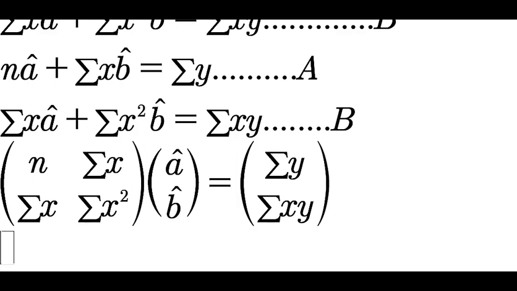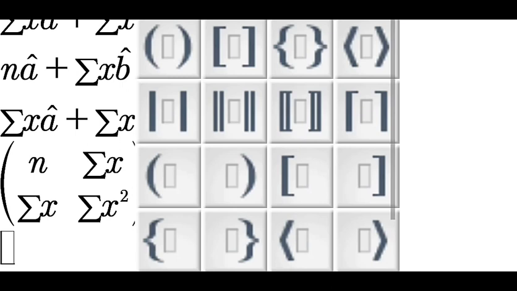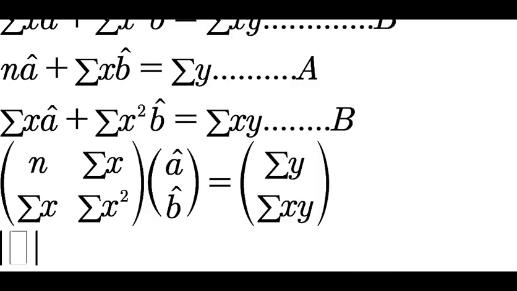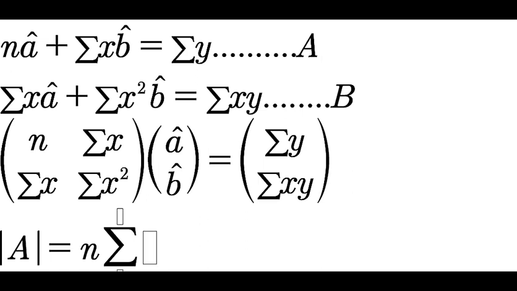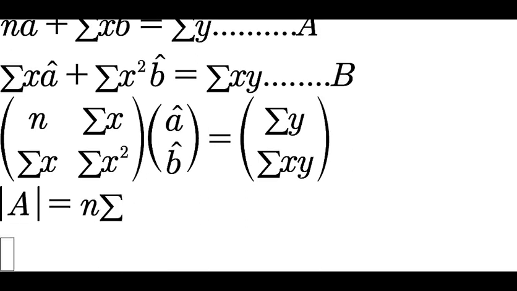Let me do this. I have determinants. Let me call the matrix A. The determinant of matrix A is given as n summation x squared minus summation x times summation x, that is n summation x squared minus summation x all squared.